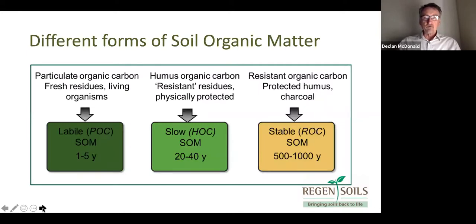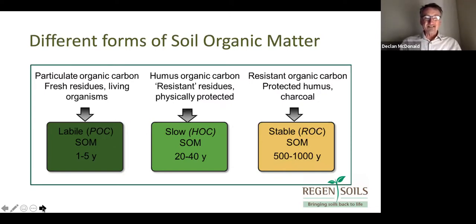Now, there are different forms of soil organic matter, and I'll keep this pretty simple. It's made a little bit complicated by the fact that there are a few different names applied to these pools of carbon.